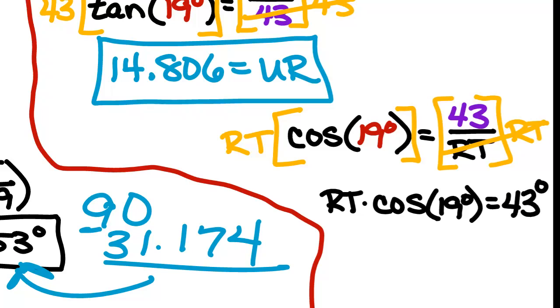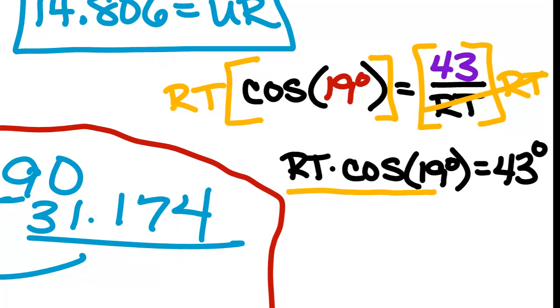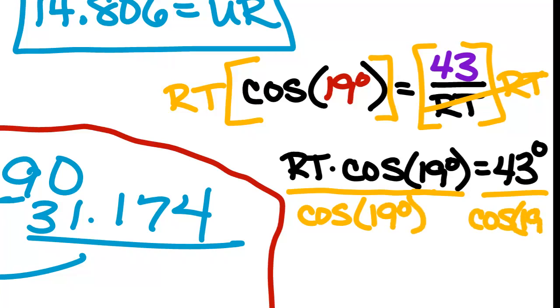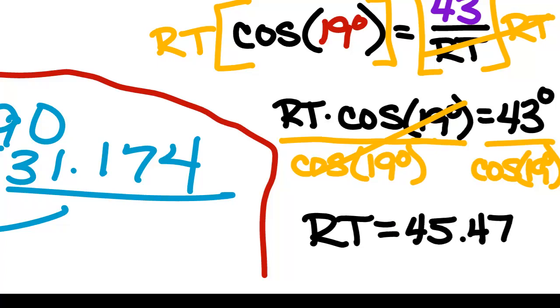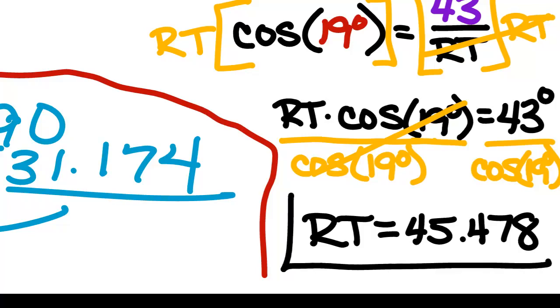And then we have to divide both sides by the cosine of 19 degrees. RT is equal to 45.477478, depending on how you round.